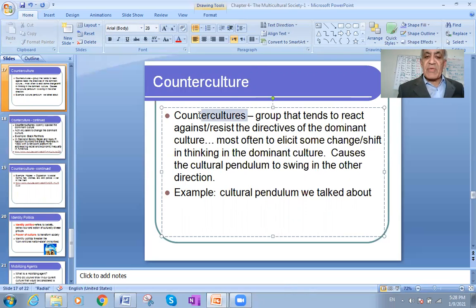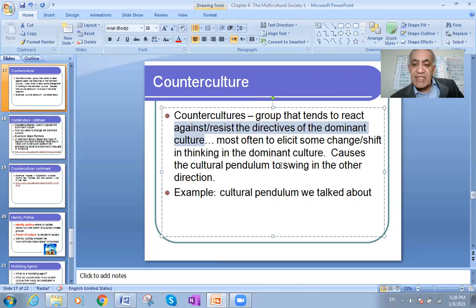What about the word counterculture? What do you mean by counterculture? A group that tends to react against and resist the directives of the dominant culture. They don't accept it so easily.